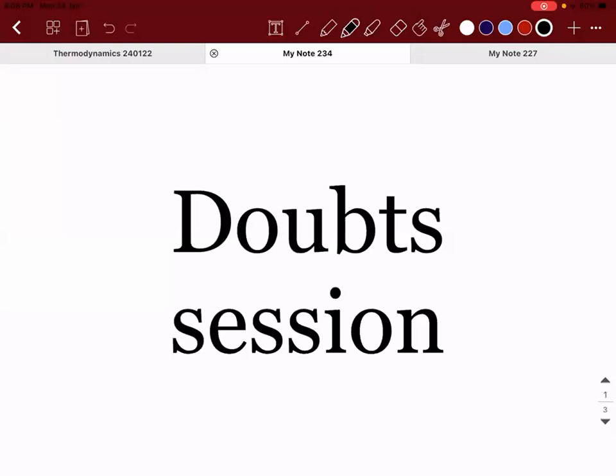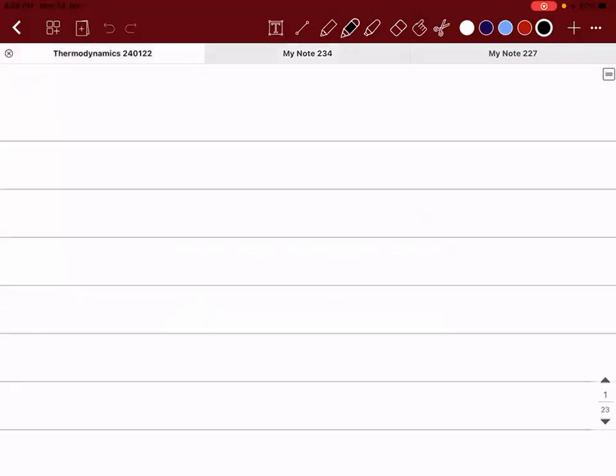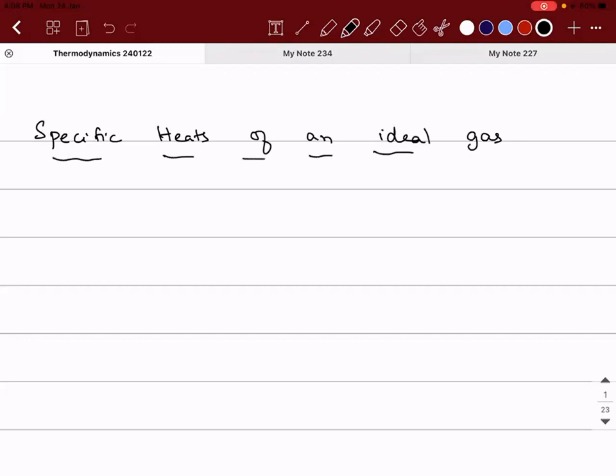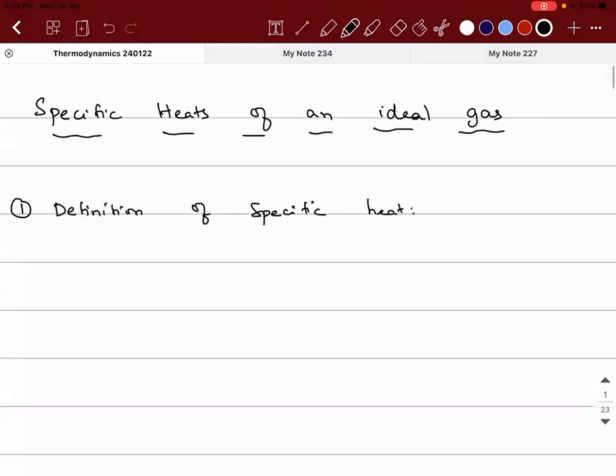So please write down the next topic, that is specific heats of an ideal gas. Okay. So here, first, we know the definition of specific heat. What does the definition of specific heat tell us?